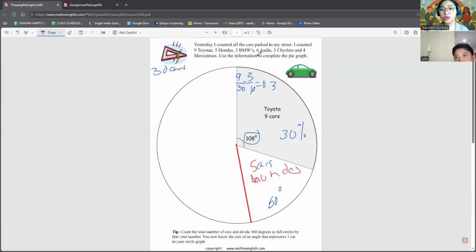60 degrees. Okay, next, 3 BMWs. Write down, look for the fraction, the decimal, the percentage, and the angle of each sector.